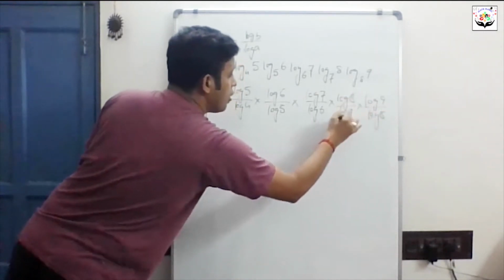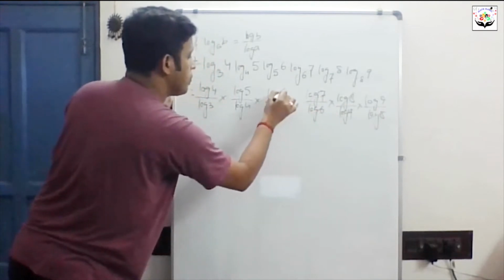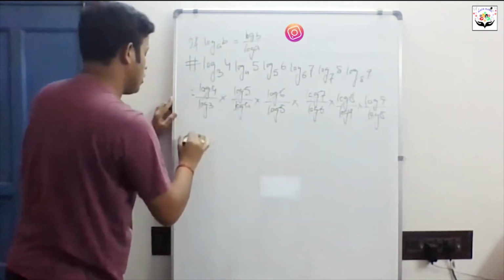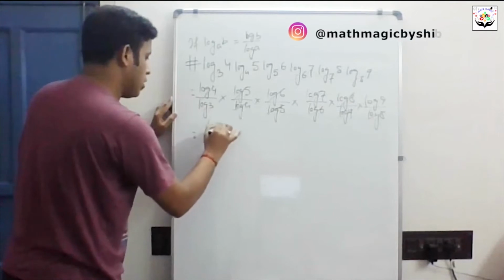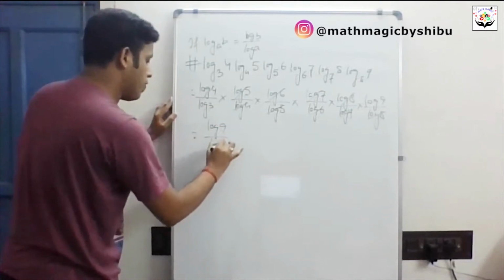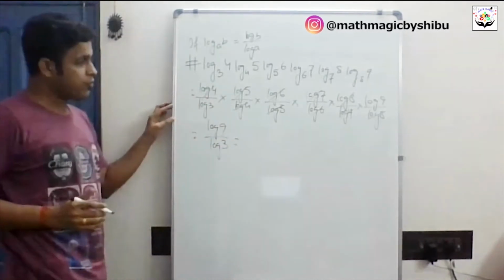I hope you can see and understand. So these can be cancelled out. What remains? Log 9 divided by log 3.